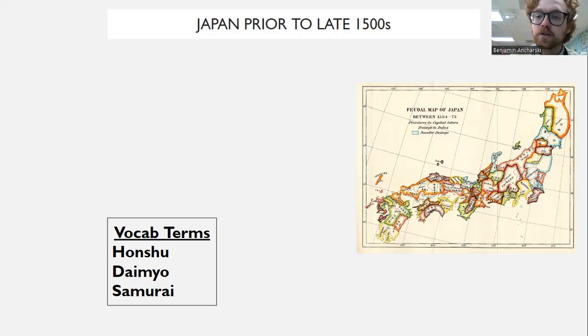And what exactly is a shogunate? Well, this is where I define it. A shogunate is a type of military government that is largely ruled over by a figure known as a shogun.